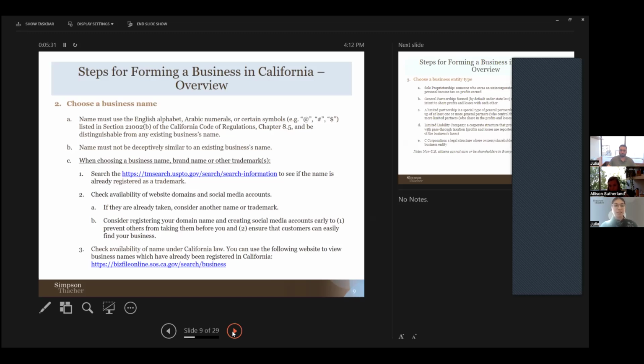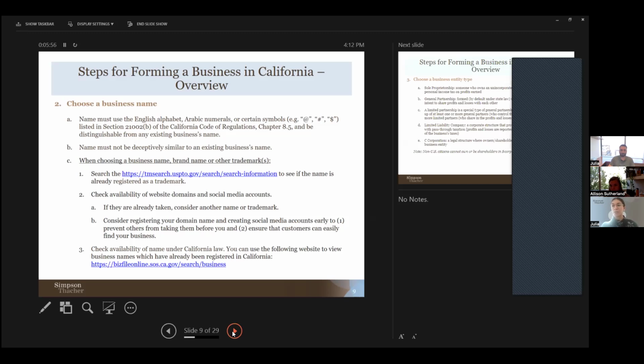When choosing a business name, brand name, or other trademarks, the US government has a patent website you can use to see if the name you're considering is already registered as a trademark. If it is, again, you'll want to avoid a trademark dispute or other legal battle. You can also check availability of website domains and social media accounts.